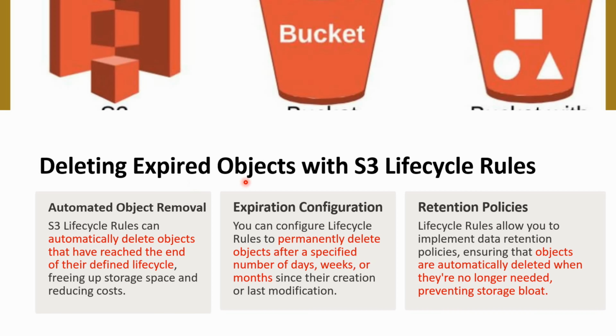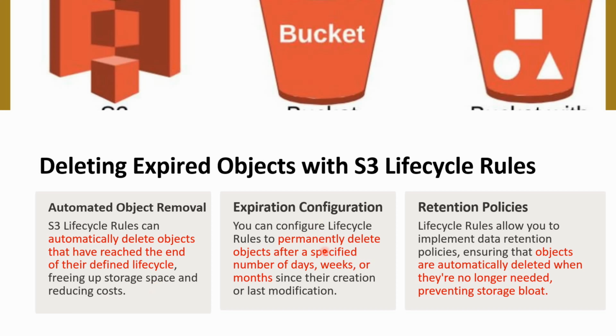Deleting expired objects with S3 lifecycle rules. Automated object removal. S3 lifecycle rules can automatically delete objects that have reached the end of their defined lifecycle, which frees up storage space and reduces cost. Expiration configuration.